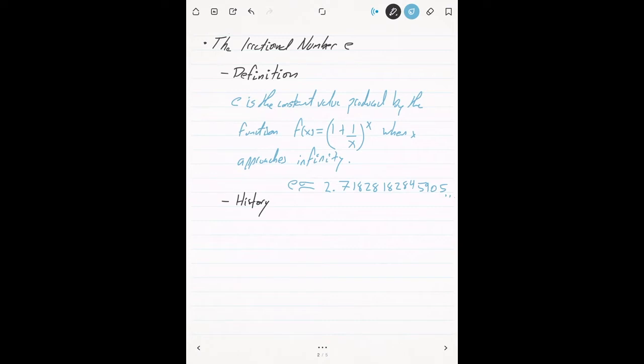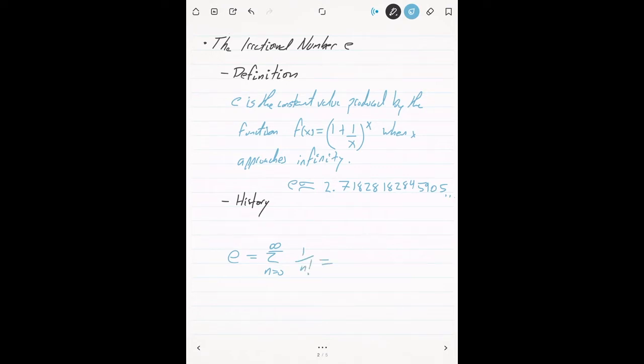Now, we are going to work with this definition because it's fairly simple, but there are other definitions out there too. Some of you might know about summation notation. We could say that e is actually equal to the sum from n starting at 0 and going off to infinity of 1 over n factorial.